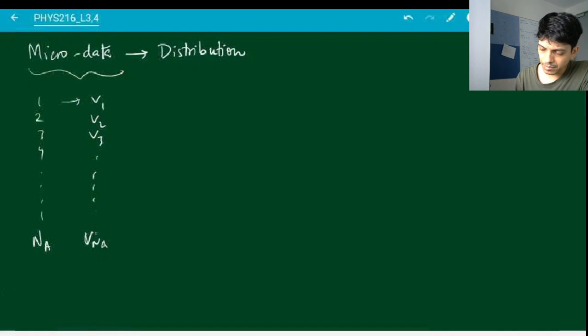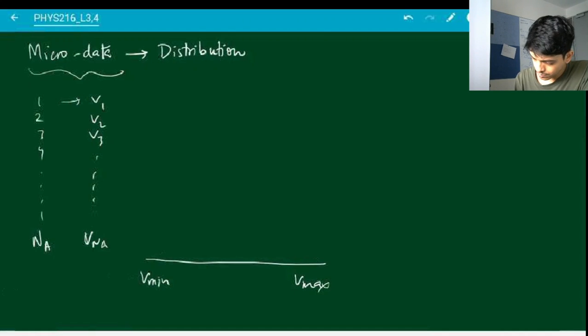So you look at the minimum possible velocity that you have, let's call it Vmin, and the maximum possible velocity in your list, let's call that Vmax. Then you divide this up into smaller bins, similar to what you did when you were doing numerical integration.